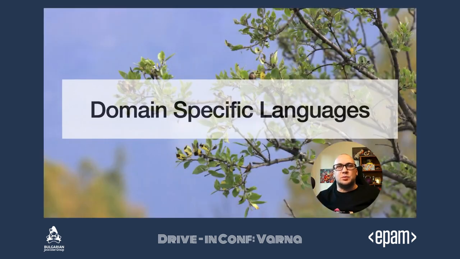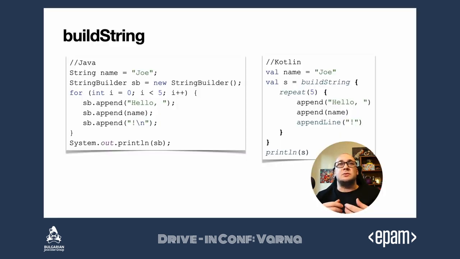Okay, let's get back to where we started. Kotlin is a very convenient language for creating domain-specific languages where we can just use the idioms from the language and end up with something that looks like a domain-specific language, but it's still valid Kotlin code. Here I will show you one more example from the standard library.